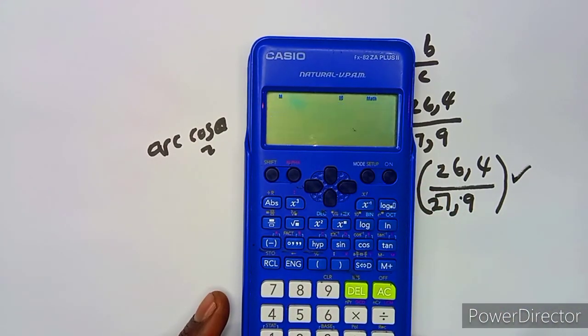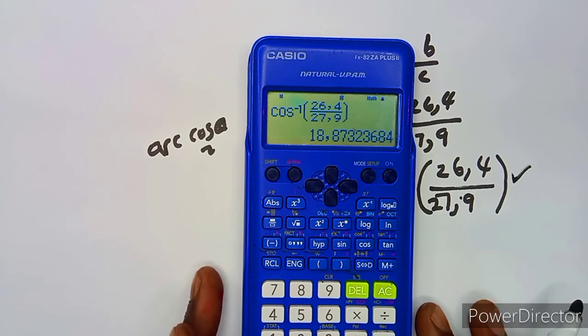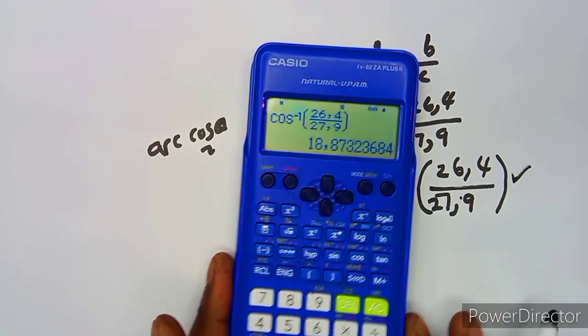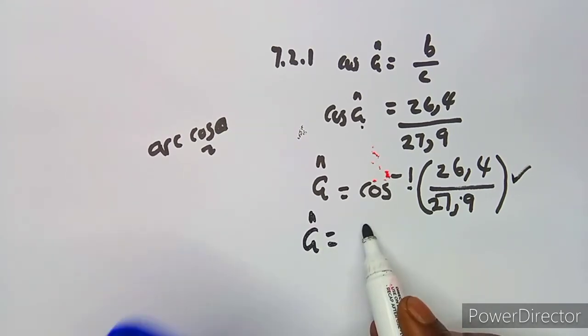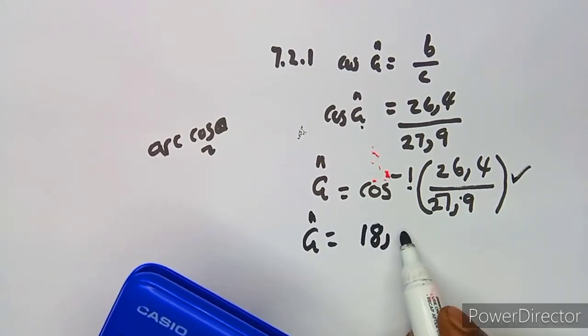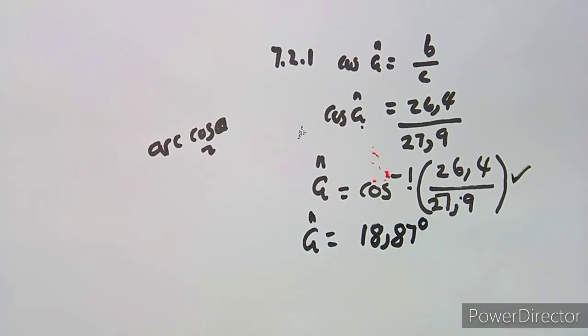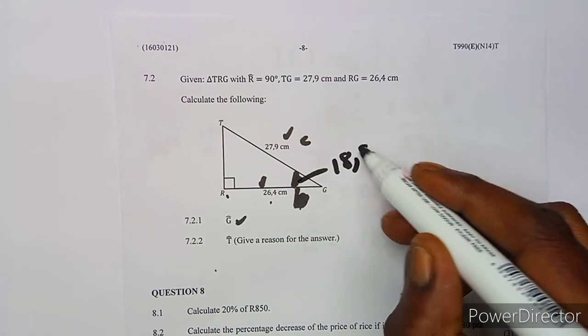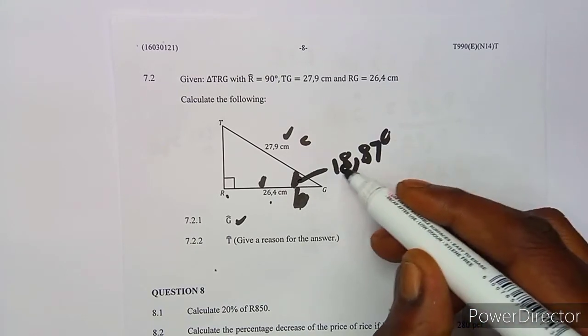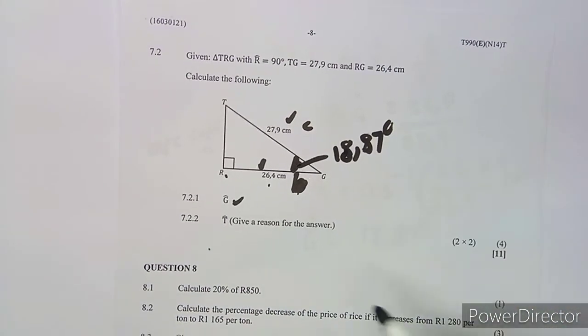This is what you're going to obtain, 18,87. So our angle G is going to be 18,87 degrees. All right, so the angle G is now there, that's 18,87 degrees.